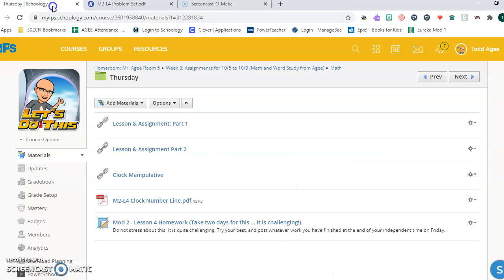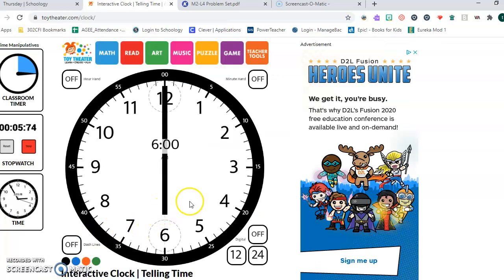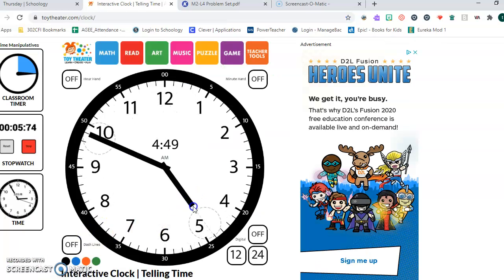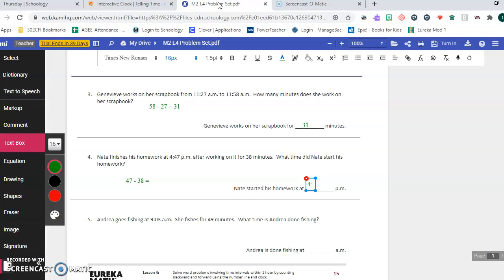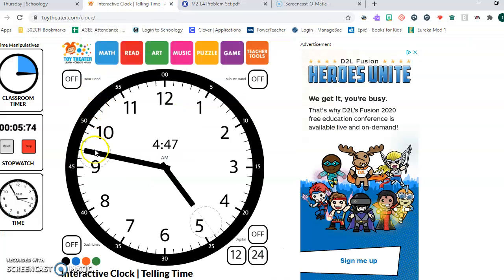You can use these tools here, the interactive clock manipulative. I'll go ahead and model this. We're starting at 4:47, yes, and we're going back in time 38 minutes. I like to count by tens.